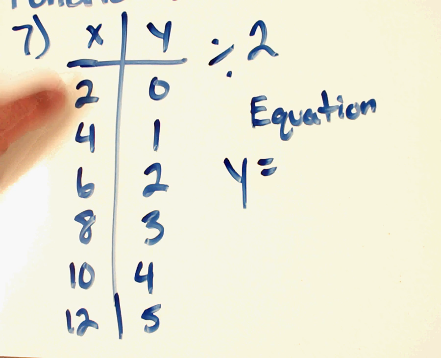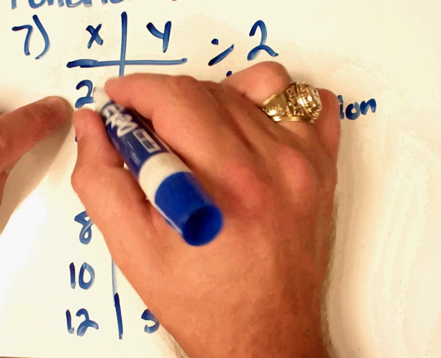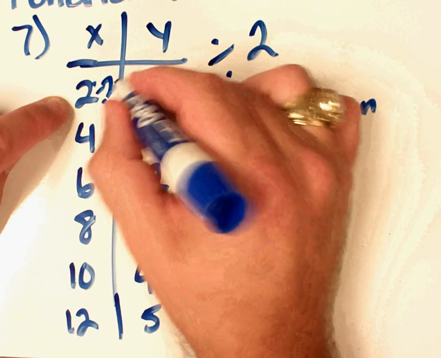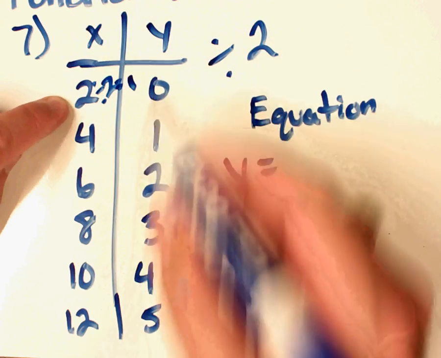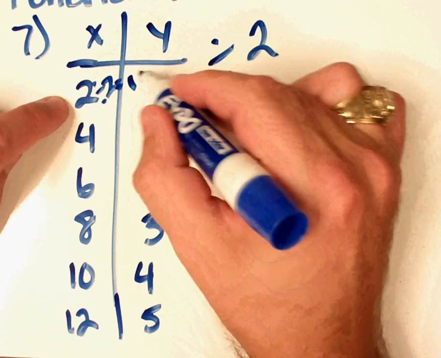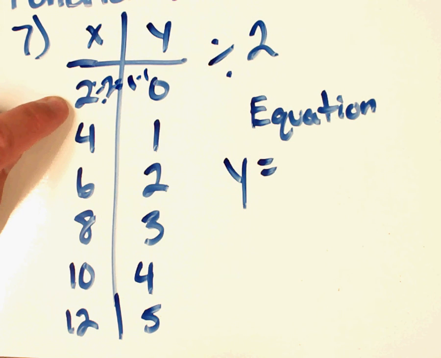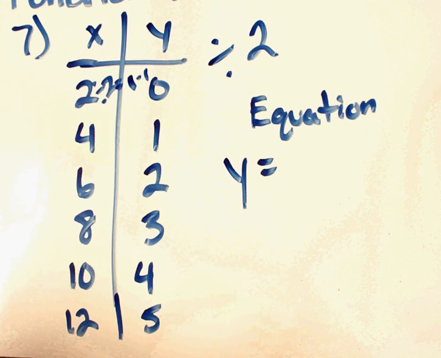All right, so if we use kind of the guess and check method, we've got the divided by 2. So if I divide 2 by 2, that's going to give me 1. Well, how am I going to get to 0? Well, the easiest way is to subtract 1. And again, we're not really sure on this, so since we're not sure, let's write it in green.